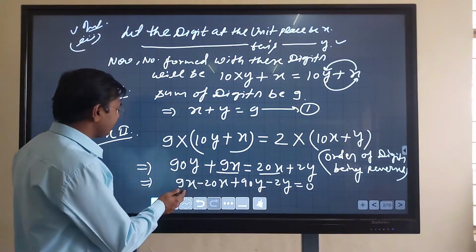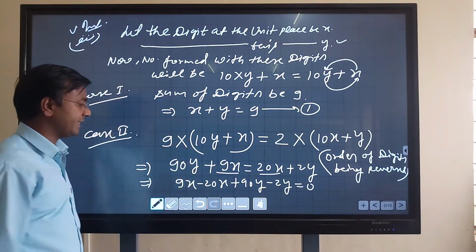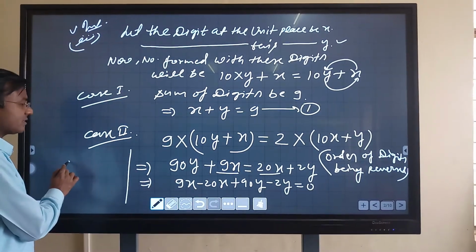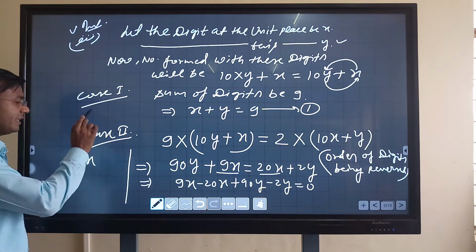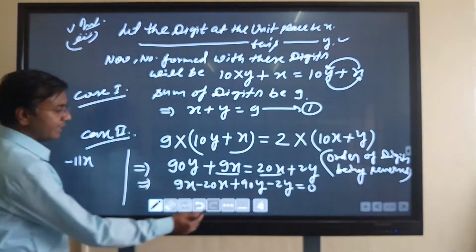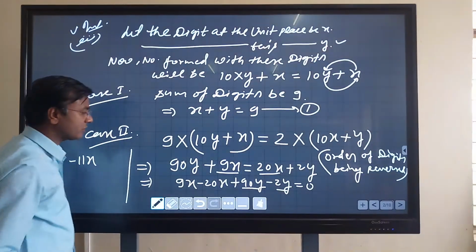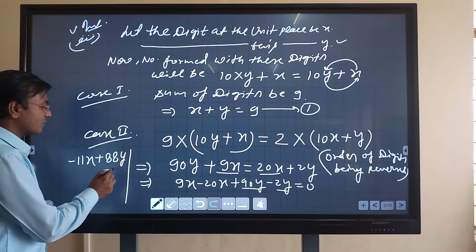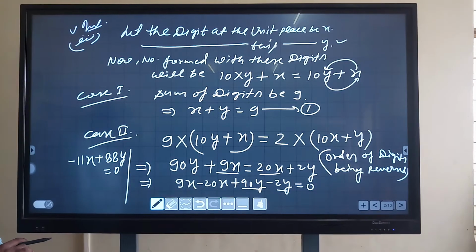Now next line, 9x minus 20x, what will we have? 9x minus 20x means minus 11x, okay. And 90y minus 2y is what? Plus 88y equals what? 0, okay.